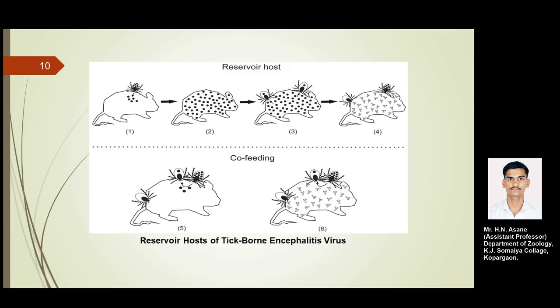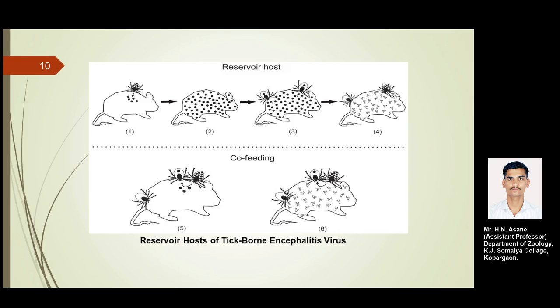So this is one particular example of how reservoir hosts carry the parasite at differential stages. As you can see, this is an example of the tick-borne encephalitis virus, and the reservoir host is mice.